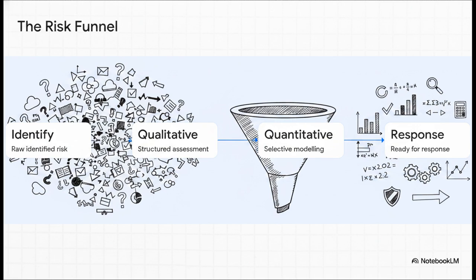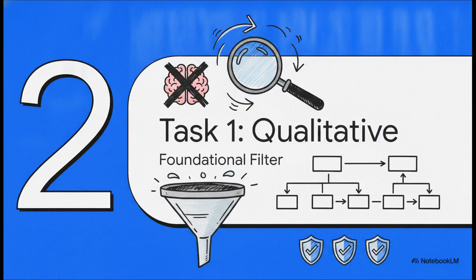We apply selective numerical logic and quantitative modeling, but only to the most complex risks. And finally, step 4. Those carefully analyzed risks pop out completely response-ready. And here's the kicker. You absolutely cannot jump from step 1 to step 4 without passing through this funnel. It just doesn't work. Moving right along to Task 1, qualitative analysis, our foundational filter.